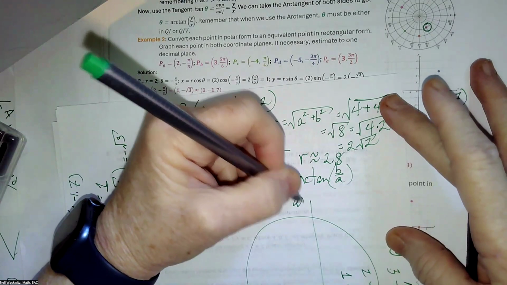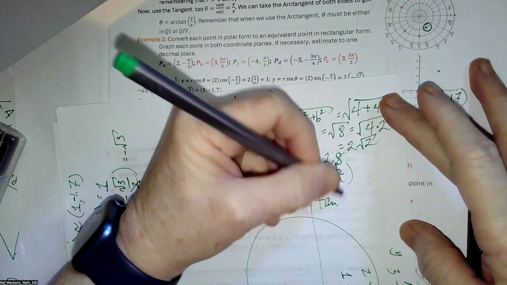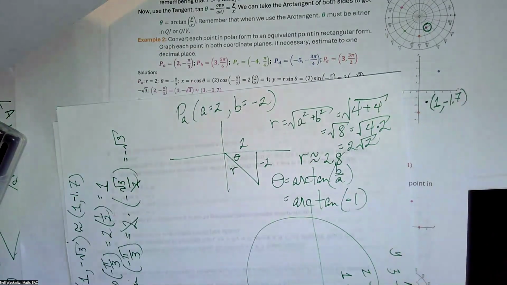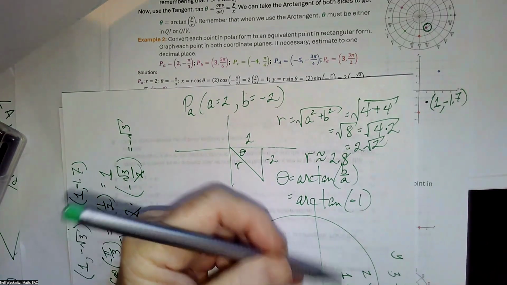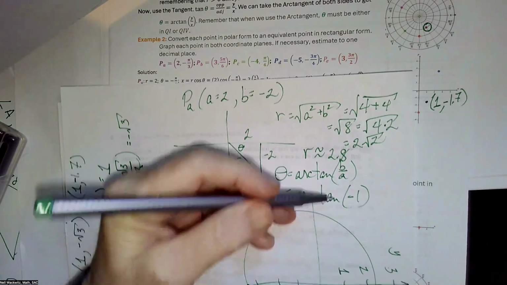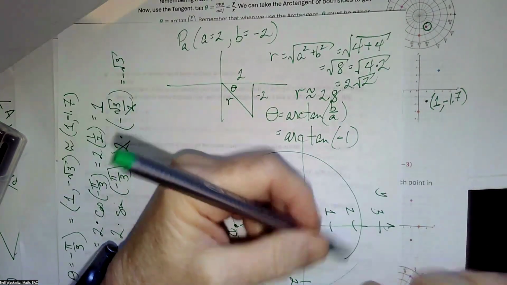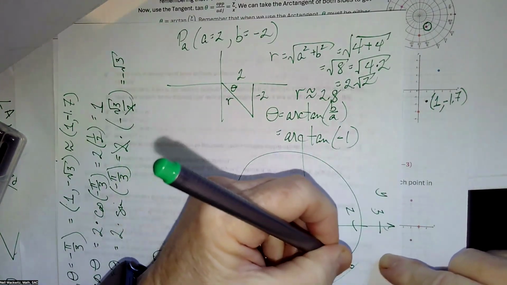So we've got the arctan of -1. And I remember that the inverse tangent is only defined in quadrants 1 and 4. So that -1 must be quadrant 4.